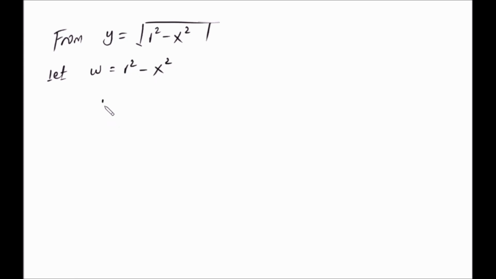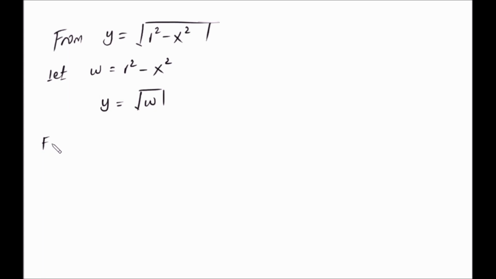Kwa hiyo sasa from y is equal to huyu hapa r squared minus x squared, tunatafuta dy dx. So we're going to use chain rule. Kota let w sasa na r squared minus x squared. Kumbe y itakuwa sasa na the square root of w.